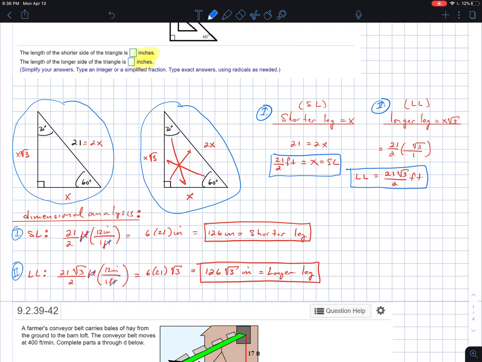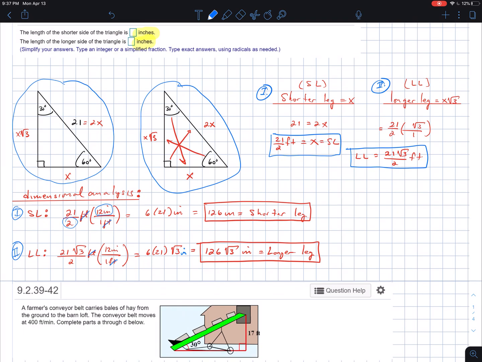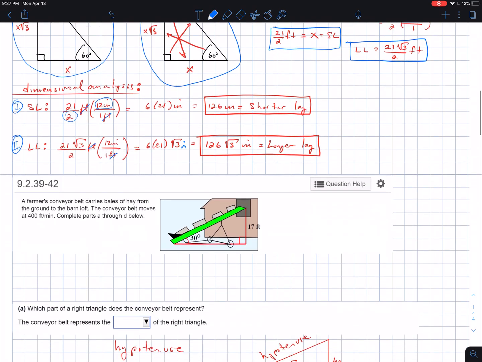And when you do the calculations out, all I did was I said 12, this 12 right here, divided by 2 is 6, so 6 times 21 is 126 inches. And then since we knew what x is, I really didn't have to do the second case. All I had to do was take x, which was 126, and stick a square root of 3 next to it. That's the very simplistic way. We're going to go into much more detail during the live stream.